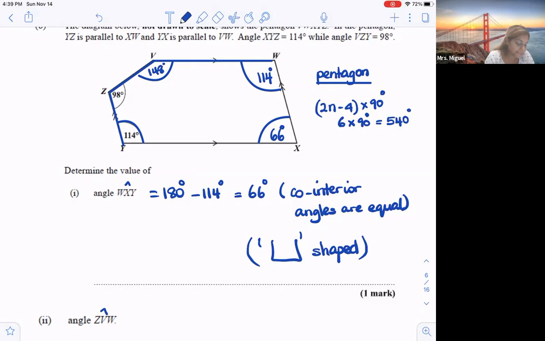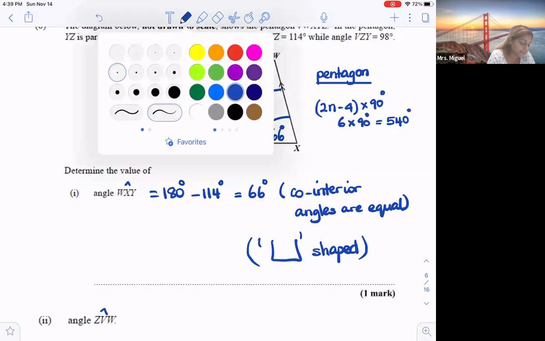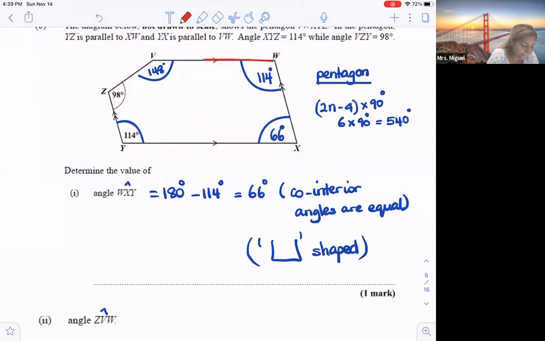We already identified that x is 66. So if x is 66, this is also U-shaped. Co-interior angles are supplementary. So if this angle here is 66, therefore we can find the angle at W. The angle at W will be 180 minus 66, which is 114.